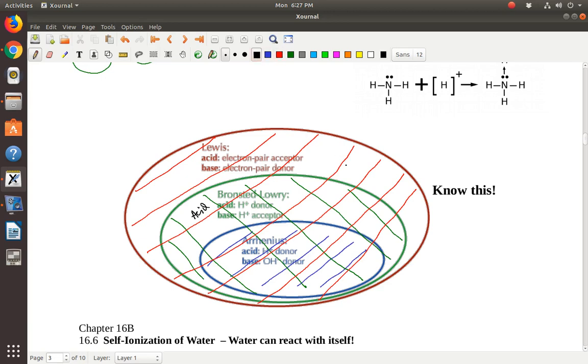If I have a base right here, this base is just a Lewis base. It is not a Bronsted-Lowry base, and it's not an Arrhenius base. If I have a base right here, this base is an Arrhenius base because it's inside the blue circle. It's a Bronsted-Lowry base because it's inside the green circle, and it's a Lewis base because it's inside the red circle.